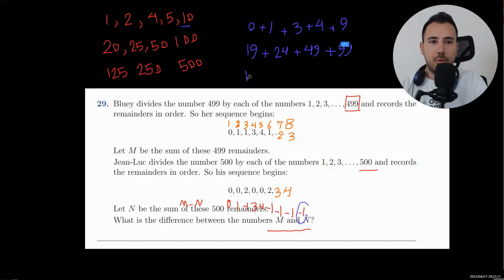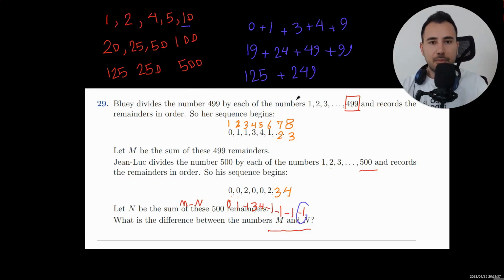Okay, 124 plus 249. Okay, but this one, 499, that's the last number. Okay, so because 499 will not be divided by 500.